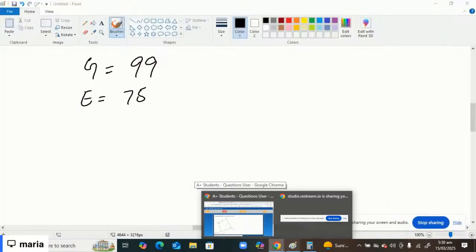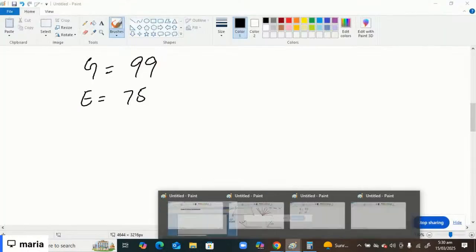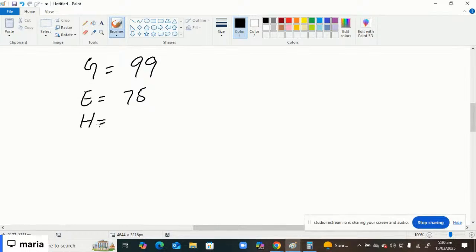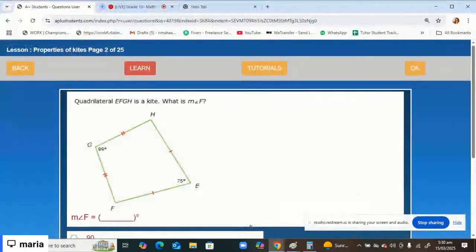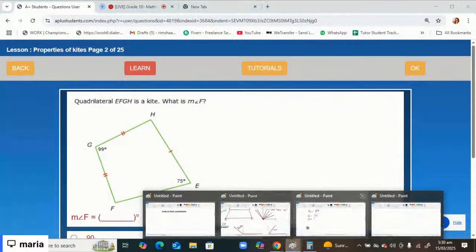H is not given, and F is also not given. Okay.